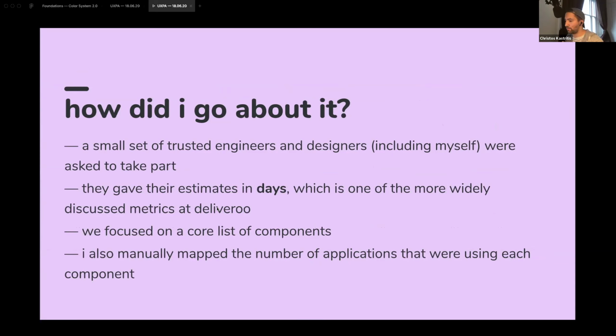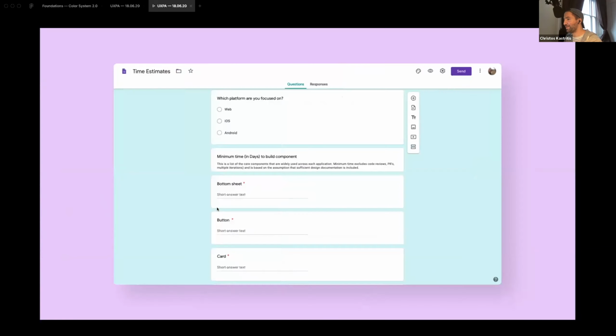That's what I've heard a lot, but it might be different for your business. And then we also focused on a core list of components. So not everything, just the components that we felt would be required to create an MVP. And then I also mapped the number of applications that were using all of these components, which I really don't recommend. It's time consuming, but fun.